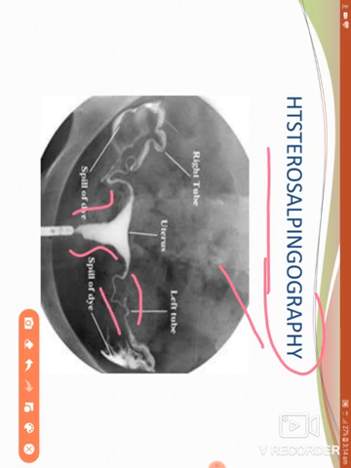During this procedure, the radiologist injects a contrast dye through the vagina. If there is any block, the dye won't go beyond that part. This visualizes any blockage in the fallopian tube or any other structural abnormalities in the uterus. That procedure is called hysterosalpingography.